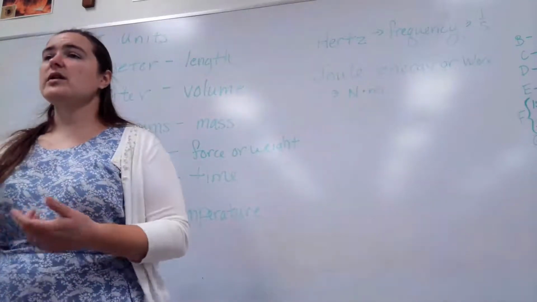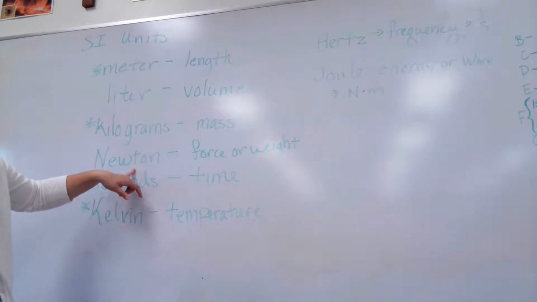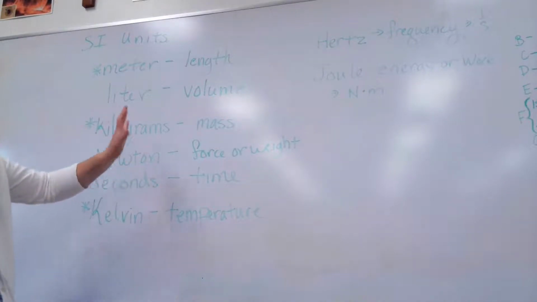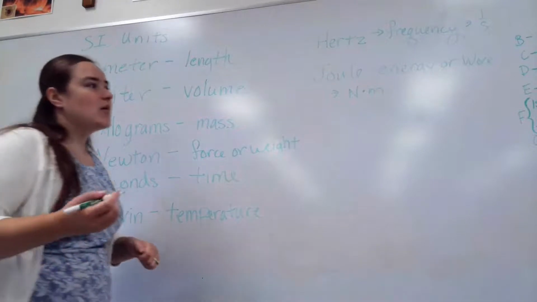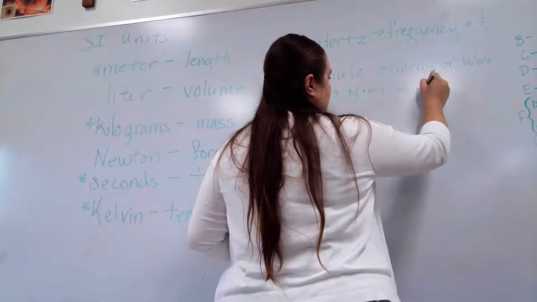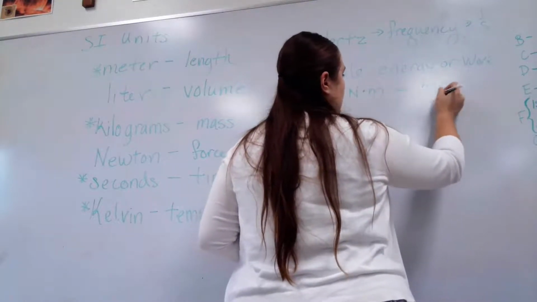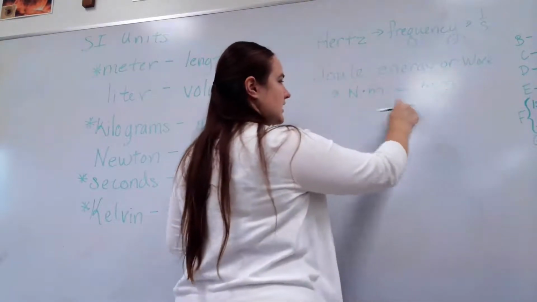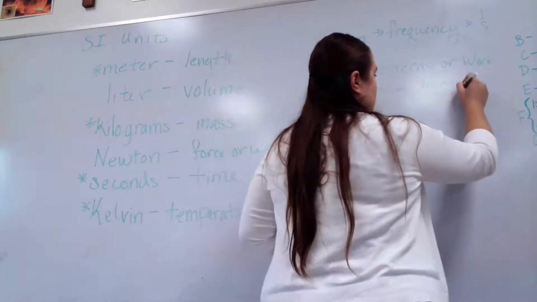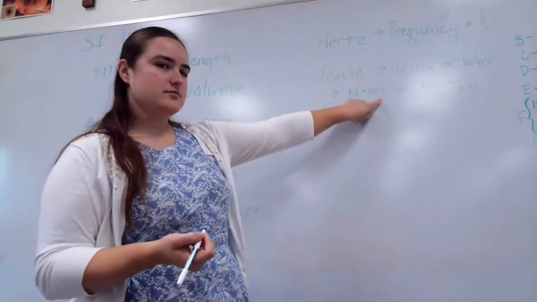Now, when we look at this, we can say, hey, newtons is a derived unit. I know I erased what it was equal to, but we can write this down. Kilograms times meters over seconds squared is newtons times meters from here.